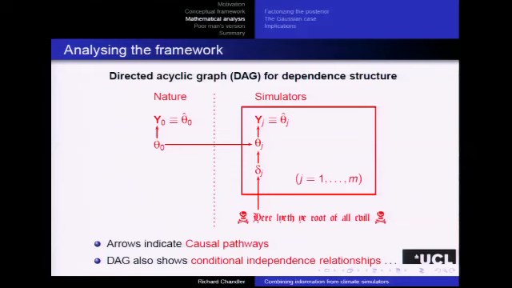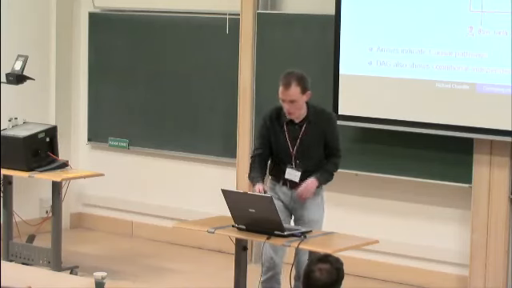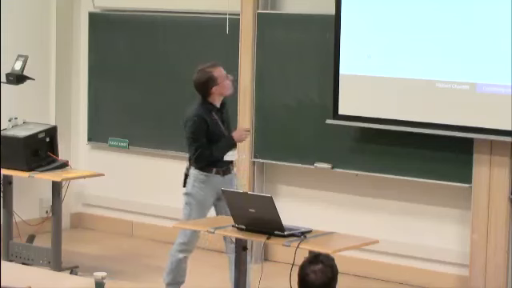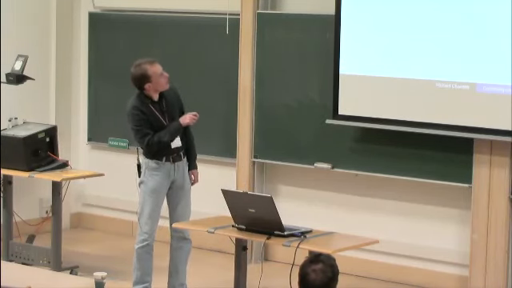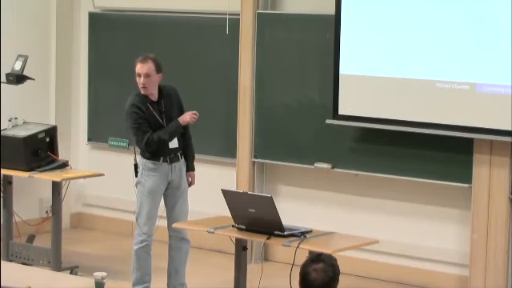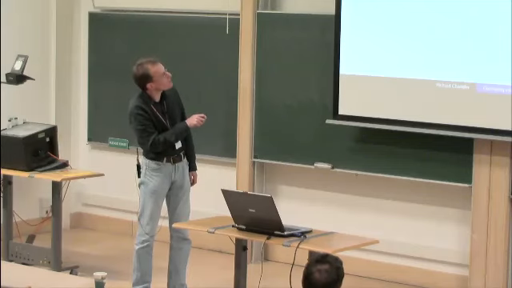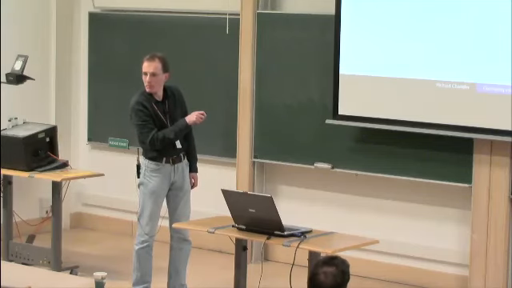And the problem is that these biases, because of the unsystematic way in which climate simulators are sampled, there's something nasty down there. I said, here lieth ye root of all evil, because that is really the problem about multi-model ensembles. So, as Michael also said, once you've drawn a diagram like this, you're able to decompose the joint probability distribution. What I want to know about actual climate is theta 0. The data I have are theta hat 0 from the observations, and the things from the climate simulators.